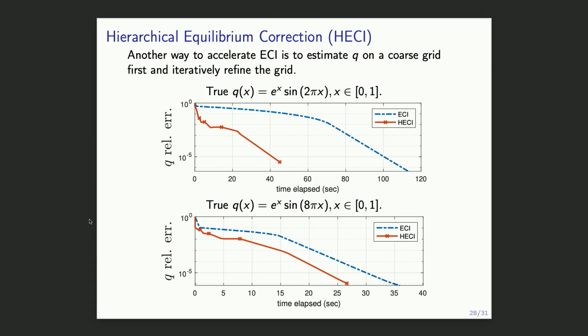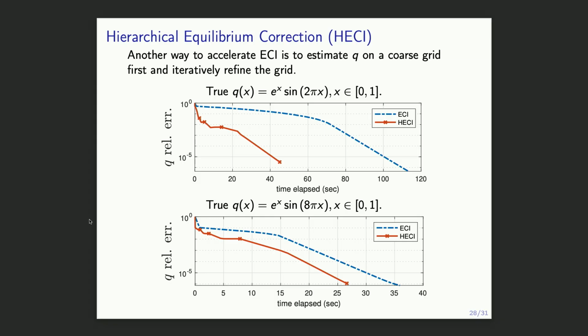Another interesting observation is, how about we solve the inverse problem on a coarse grid first, and then iteratively refine the grid. And it turns out it has a very similar behavior to the multi-grid method.